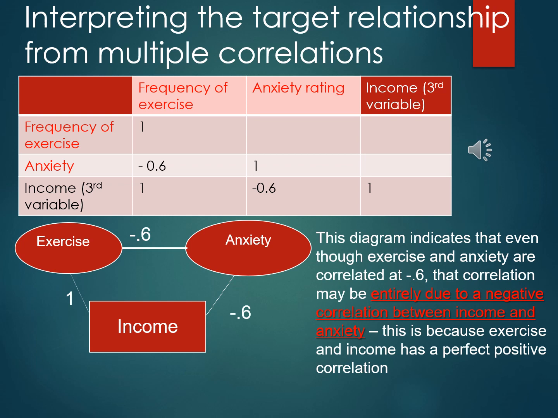Furthermore, what's important here is that even though exercise and anxiety are correlated at negative 0.6, that correlation may be entirely due to anxiety and income level, because exercise and income are perfectly correlated.